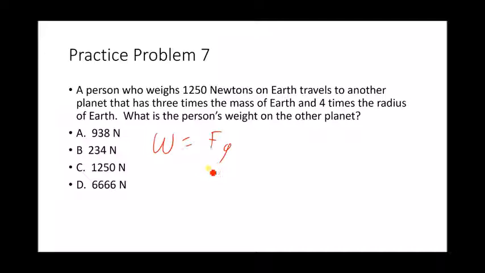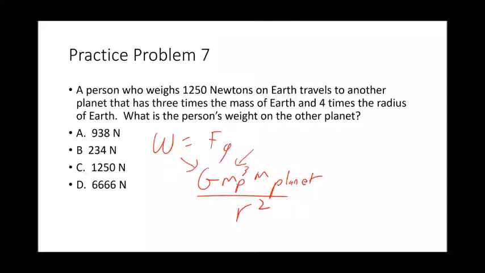The force of gravity is the universal gravitation constant, in this case, times the mass of, we'll say, the person, times the mass of the planet, over r squared. So in this case, we're going to assume that the mass of the person doesn't change. Big G doesn't change. But what does change is the mass of the planet. The mass of the planet is 3 times that of the mass of Earth, and the radius is 4 times that of Earth.